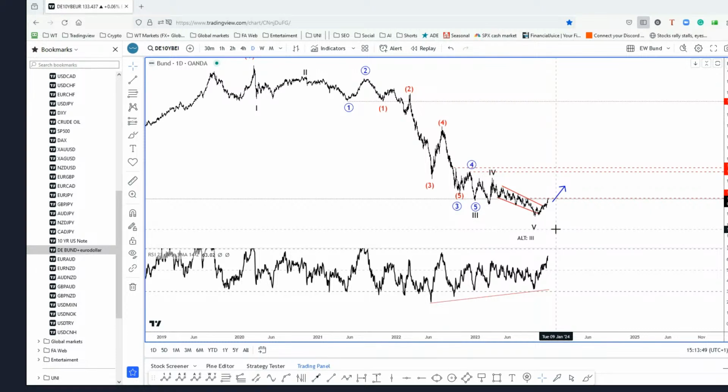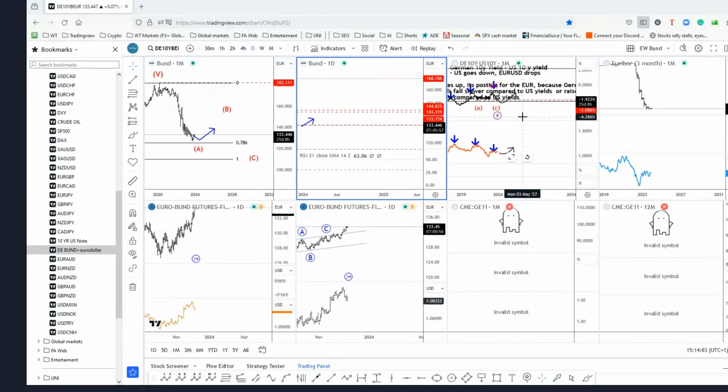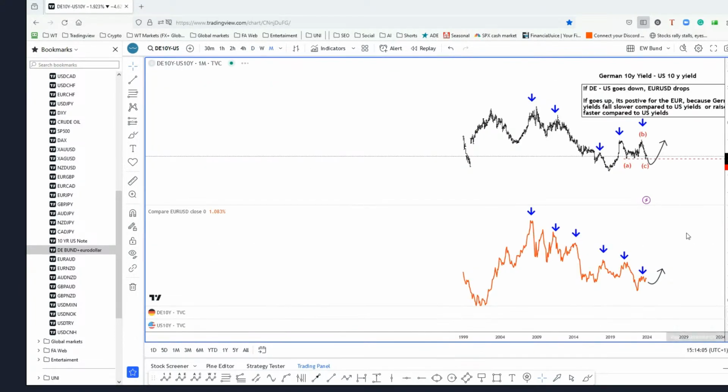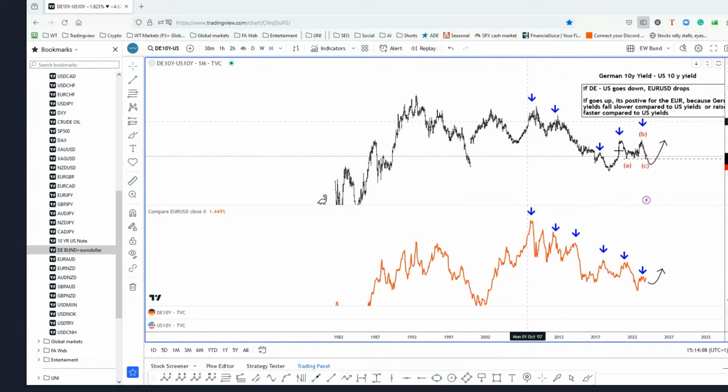So what I think is going to happen is that US yields could fall much faster compared to the ones in Europe, and this could potentially make a very interesting bullish scenario for the euro dollar, like has been the case in the past. So looking at this chart, I think that this differential is showing a very nice potential support zone here.